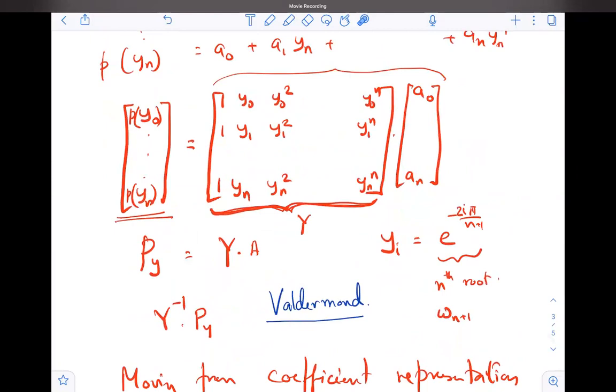Sir, if we divide the matrix in 4 parts, in half, then look at the upper left side matrix and the right side matrix. If we take y0 to the power n by 2 common from the right side matrix, then they are the same, right?